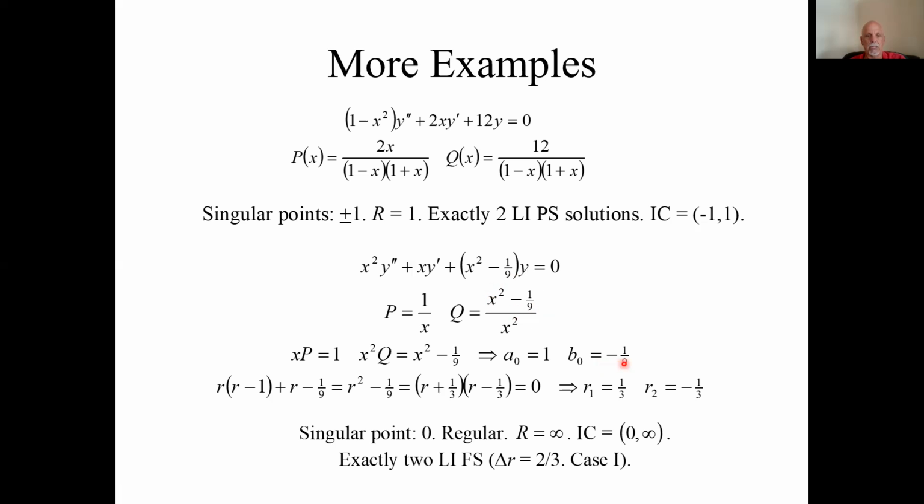Plug it into our formula, you get this. That all equals 0. You can simplify it and then factor it. And here are our two indicial roots, 1/3 and minus 1/3. They differ by 2/3, which is not an integer. So that is case 1, which means we'll get exactly 2 linearly independent Frobenius series solutions.